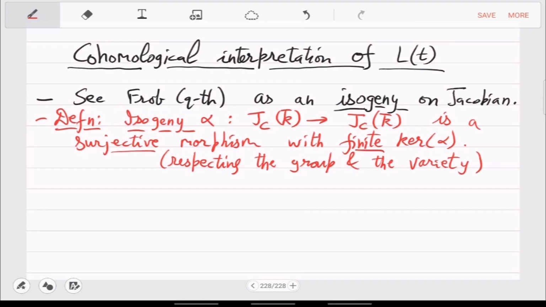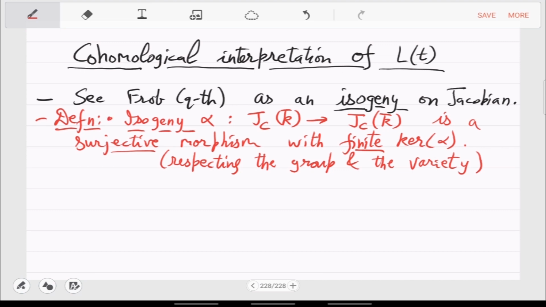Because we want the group to be preserved also. Now we have an abelian group structure. So which is why we have invented a new word. It's not morphism, but it's isogeny. It's a morphism in the category of abelian varieties which are abelian groups. So the right term is isogeny here.